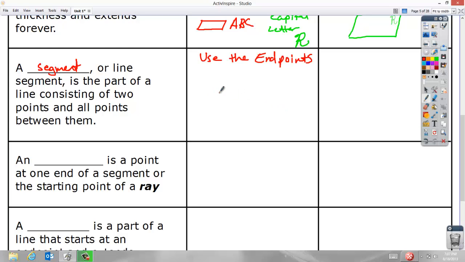We use the endpoints with a segment symbol on top. Hopefully my handwriting will get better as this goes along. So bear with me on that. So we have 2 points, A and B, and they have a segment on top. What does that look like? Well, point A, segment, point B. These are the endpoints, A and B.